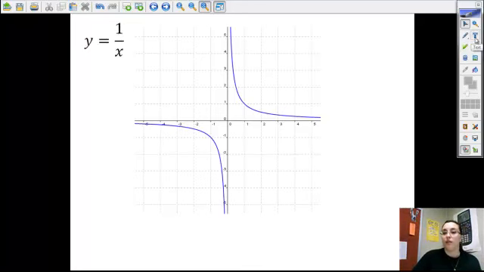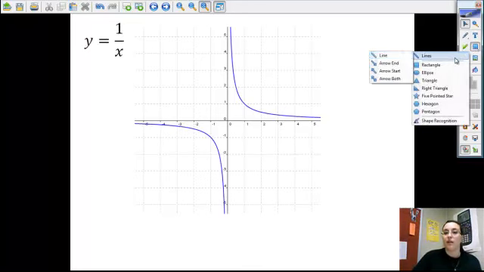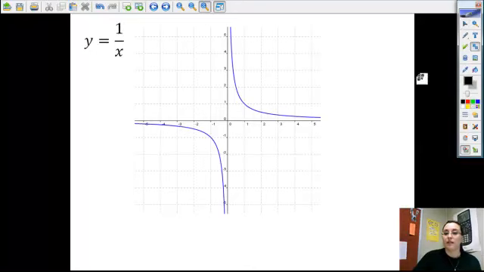So in this example, it's actually going to be the x and y axis. If you look along the y-axis, you can tell that these lines are going to get closer and closer, but they're never actually going to touch. So both the x and y-axis in this case are the asymptotes.